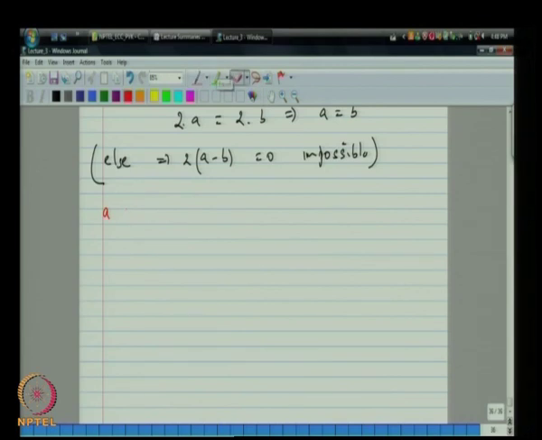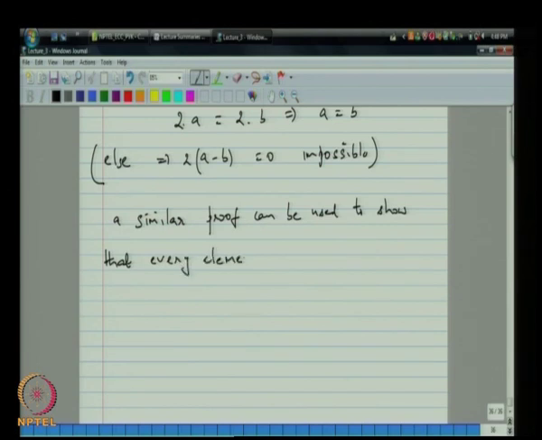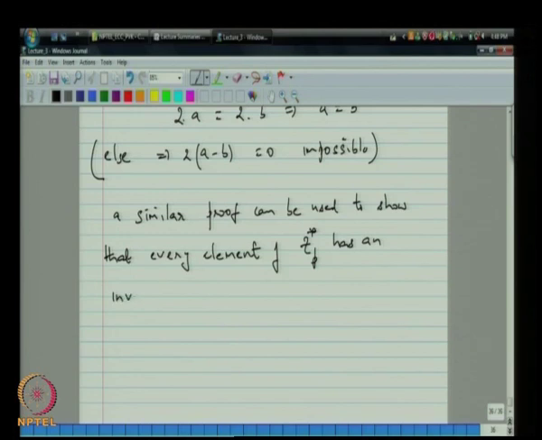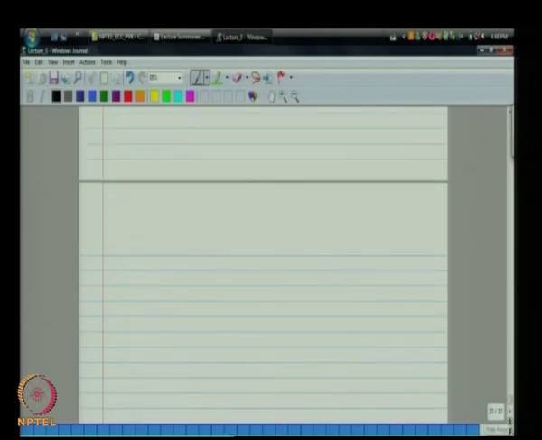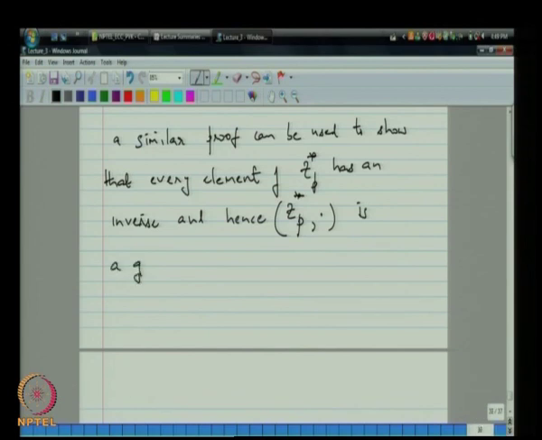So, a similar proof can be used to show that every element of Z_p star has an inverse, and hence Z_p star is a group under multiplication.